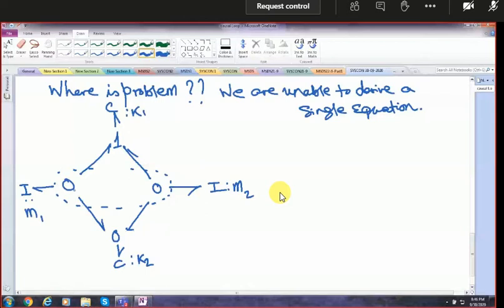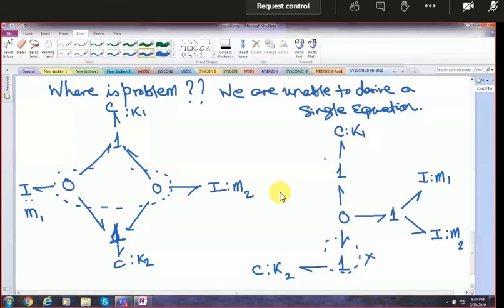Let's combine these two 0 junctions. So what we have: 1, here 1, K2, then you have 0, then you put a 1 junction. Again, these two 1 junctions will go.